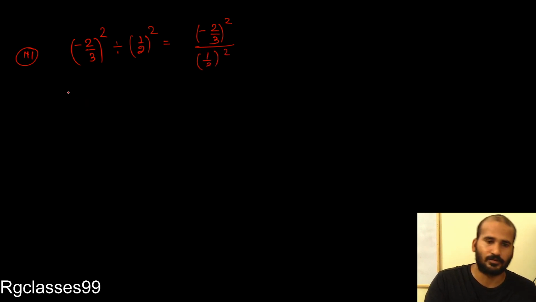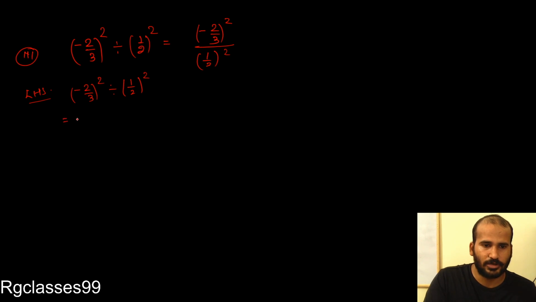It is given. Okay, so just take LHS first. LHS is minus 2 by 3 square divided by 1 upon 2 square.